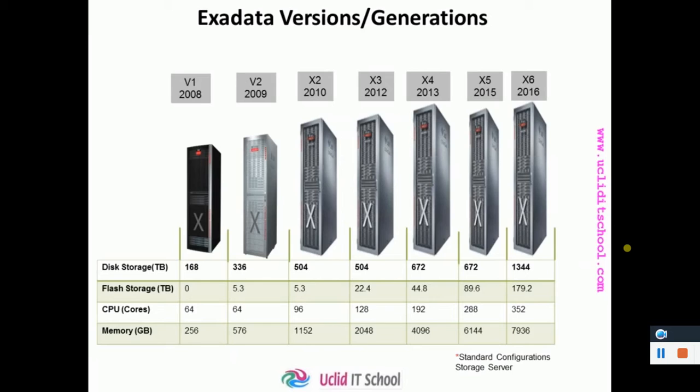So initially Oracle started this with collaboration from HP. At that time, Oracle didn't have a hardware business. Oracle had only software. So for hardware, they had to collaborate with HP. So all the servers are HP servers and all the software is Oracle software. That's why initially the name was HP Oracle or Oracle HP Exadata database machine.